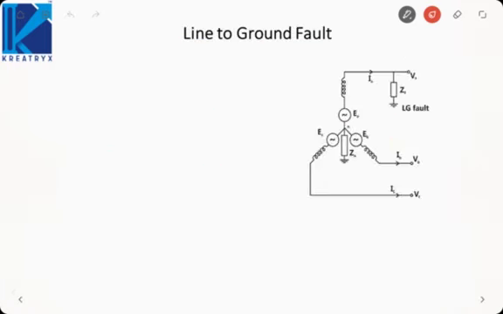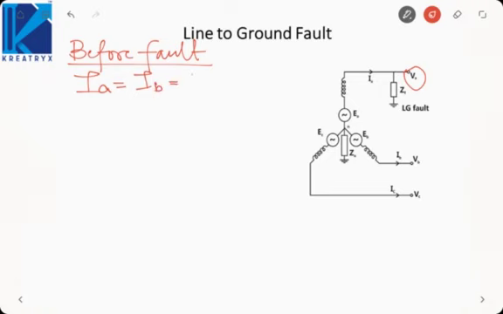Now here what I have assumed is that the phase A gets grounded and phase B and C will remain same. Now before fault what will be happening? We are considering no load condition. If before fault current is 0, that is no load, IA is equal to IB is equal to IC equal to 0, and all the voltages, that is VA, VB and VC, all will be balanced.